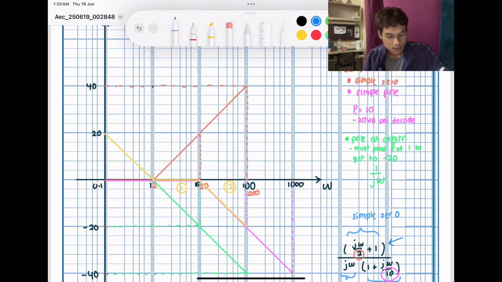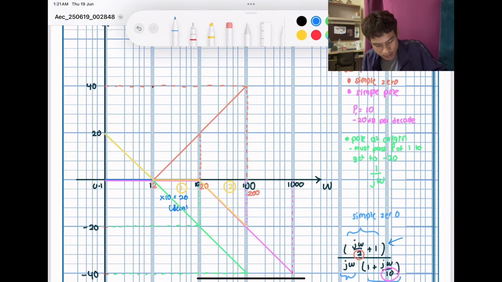The line of the simple zero will start from here until 2 and will rise 20 dB for a decade. A decade means that after 2 is multiplied by 10, you get 20. This means 1 decade.